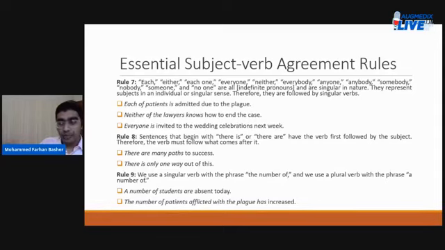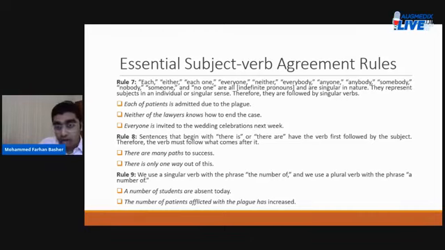Similarly with there are, you're saying the verb before you say your noun. Therefore, since you've said a plural verb, your subject must be plural as well.